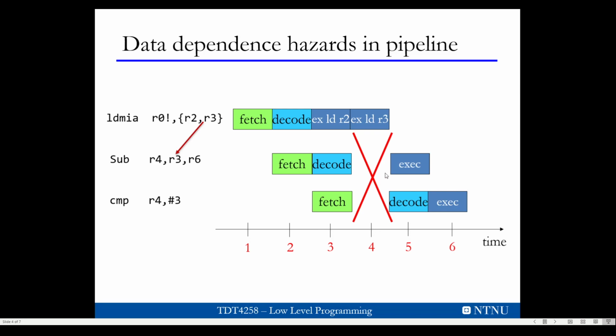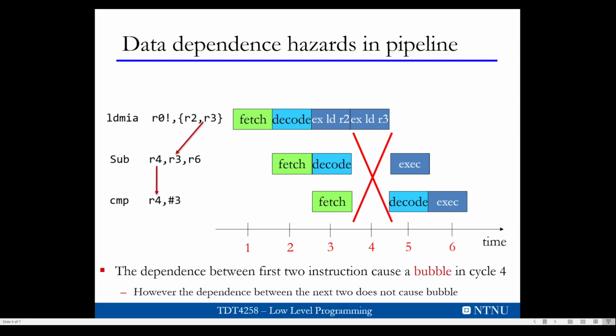After delaying the execution of this one, it executes in cycle 5 and the next instruction executes in cycle 6. So the dependency between the first two instructions has caused a bubble in the pipeline, and because of this bubble, we have a higher clocks per instruction and poor performance.